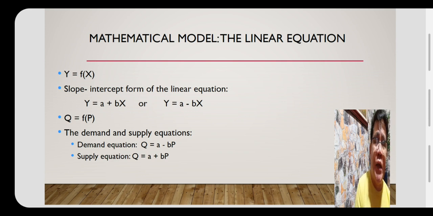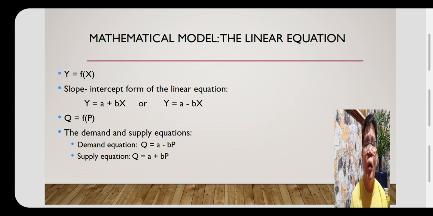So if the relationship between the two variables is positive and the equation involved is a linear equation, then we will express it in the form of the equation such as y is equal to a plus bx. But if the relationship between the two variables is inverse, this relationship can be expressed in the form of linear equation y is equal to a minus bx.